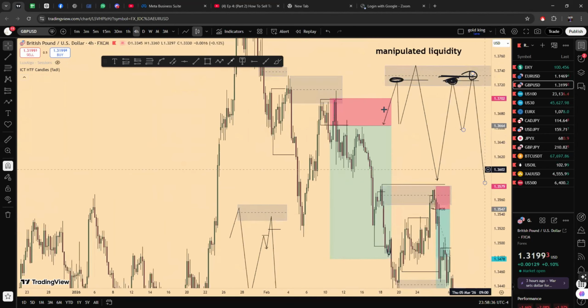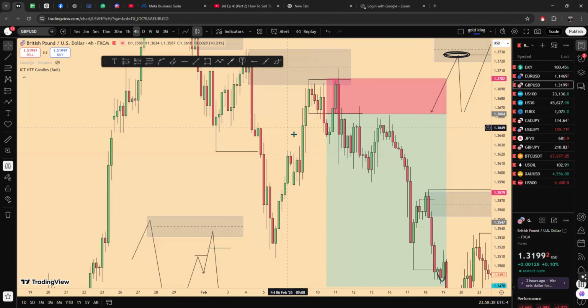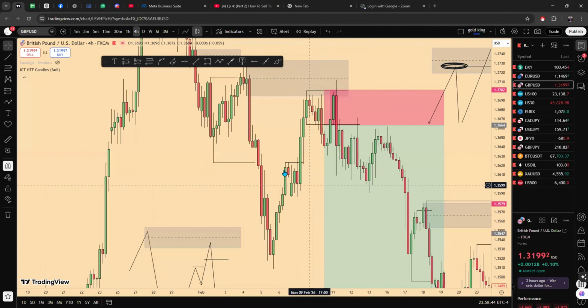So in this case, if you didn't consider looking at the stop hunt, which this is not a valid one, we don't even have a swing low here, because you can see that price did not even close below this candle. So this was just an accumulation, and price moving higher again.